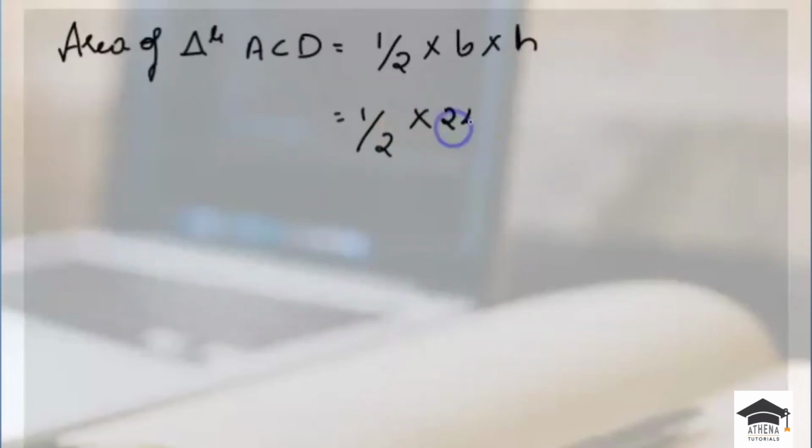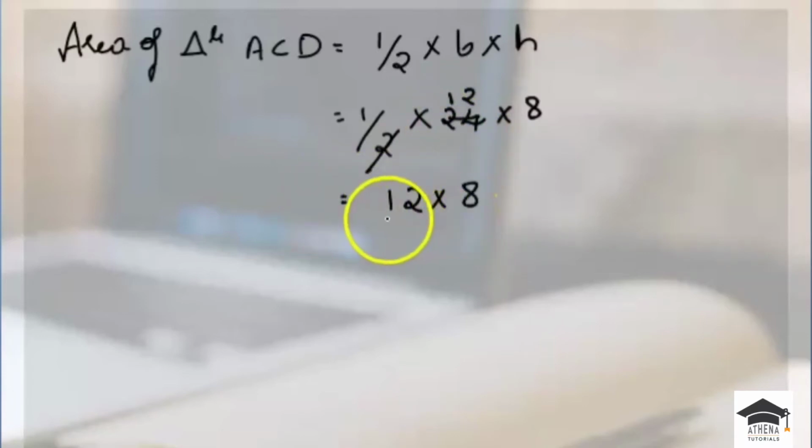Base is 24 and the height is 8. Two ones are 2, 12s are. What is 12 into 8? 8 twos are 16, 8 ones are 8 plus 1, 9. So 96 meter square.